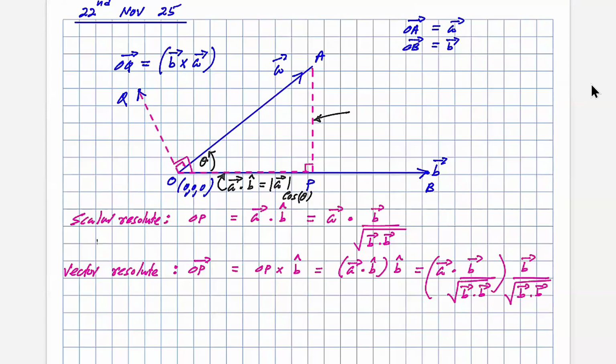What about that vertical height? We discussed that last time. The vertical height you can get as the magnitude of B vector, or maybe A vector, cross with B hat.